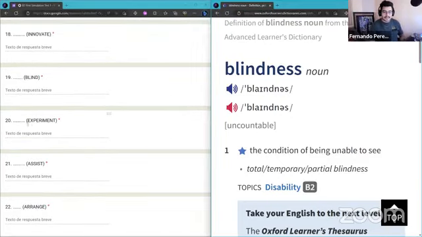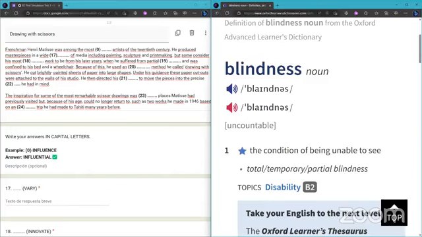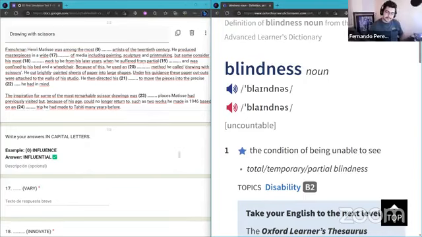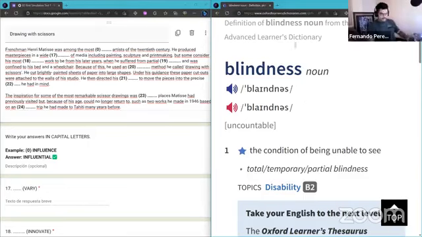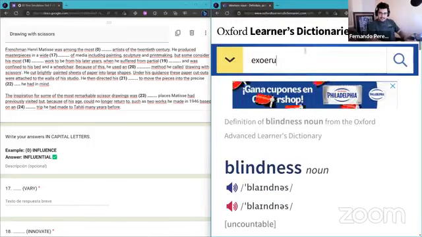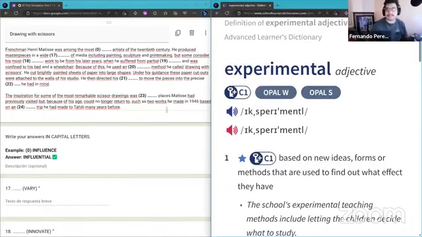In this case, we have the word experiment. Experiment is a noun. You need to transform it into an adjective. I think it's experimental. Exactly. Experimental. That's correct.